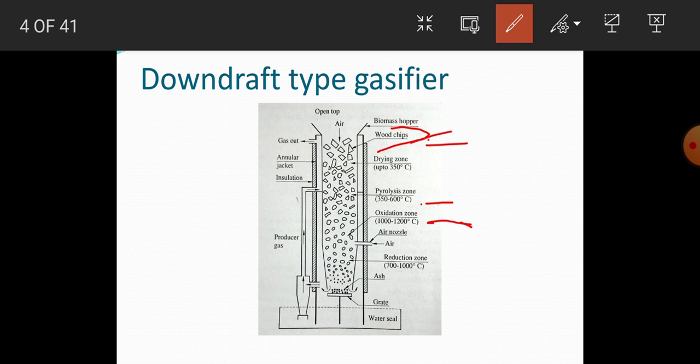The product gases from the combustion zone further undergo reduction with char and generate products like CO, H2O, and CH4. The combustible products are known as producer gas. Generally, about 40 to 70% of air is drawn through the open top depending upon pressure drop conditions due to the size of wood chips.